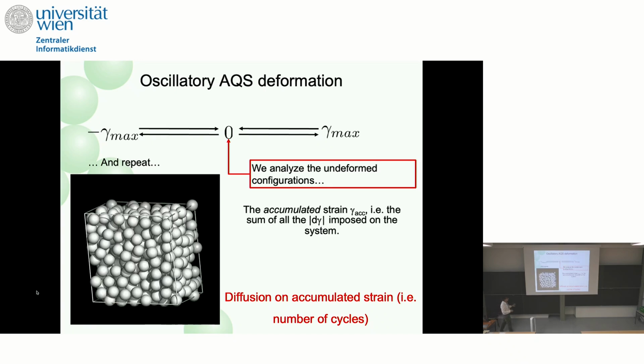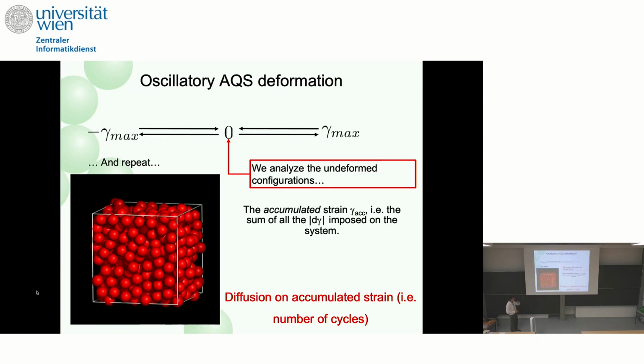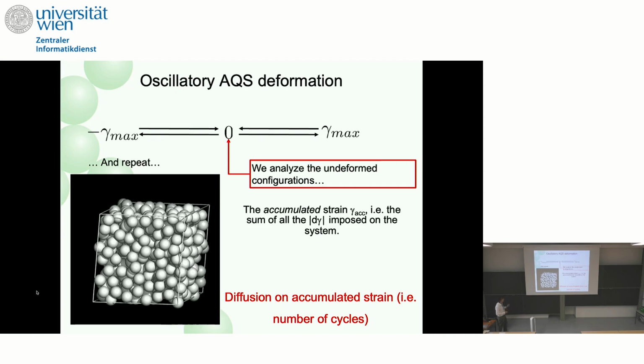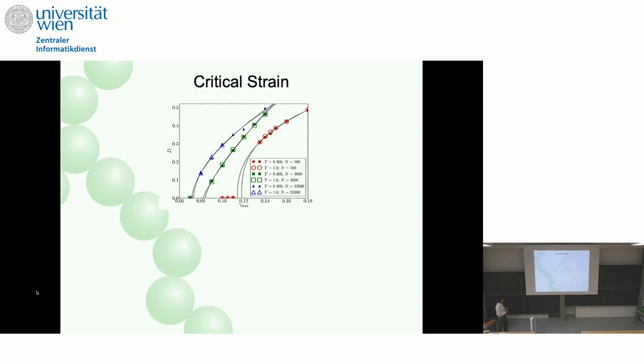The main thing I want to show you, because everything was discussed by Shri last week, is that there basically exists a critical strain. So this was the original work. Forget about the lines; now we know that was something we thought it was, but it was not. The important thing to keep in mind is that you have a critical gamma, the amplitude of your oscillation.